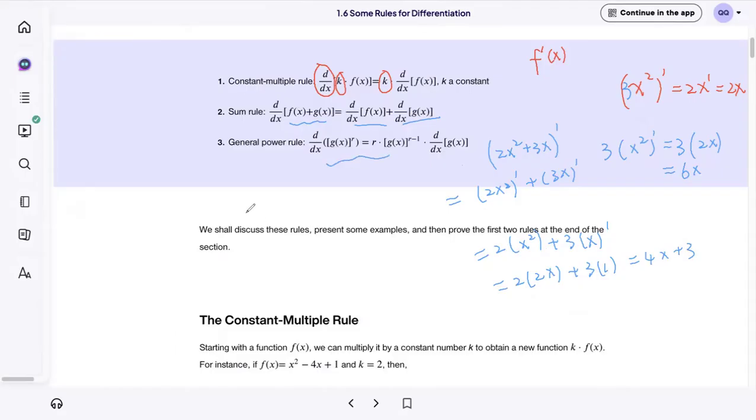So the last one is saying, if we have a function raised by an exponent, right? So they call this the power rule. Basically, we call this a chain rule, so we'll talk about it later on too. So what happens here?